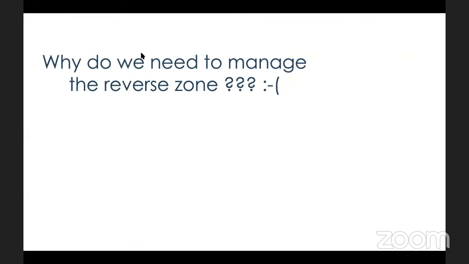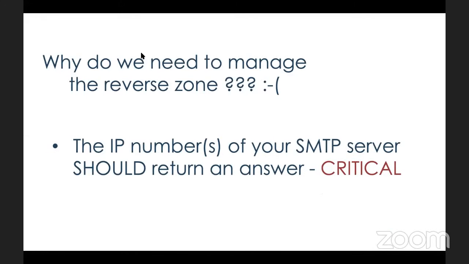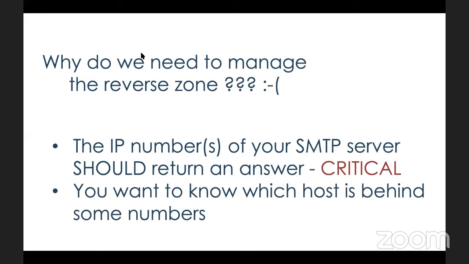But what do we need? Why do we need to manage the reverse zone? I think for some of you, it looks very difficult, or you don't see the needs of the reverse zone file. The IP numbers of your SMTP server should return an answer.